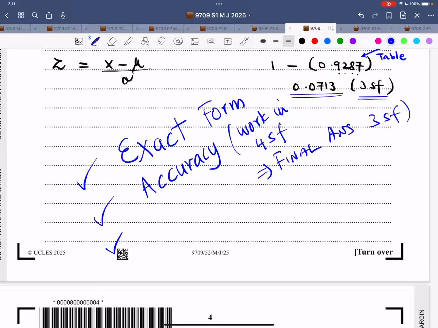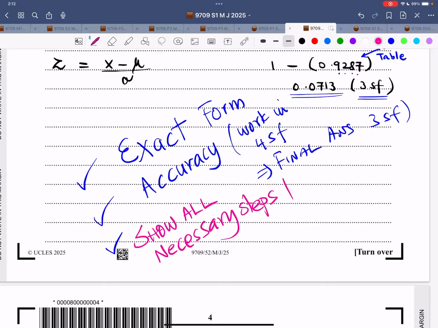And naturally, the third most important rule is to show all necessary steps, everything that I'm doing over here. That is how I teach my students, and that's how they score these A's and A stars: show all necessary steps and follow the instructions that I give.